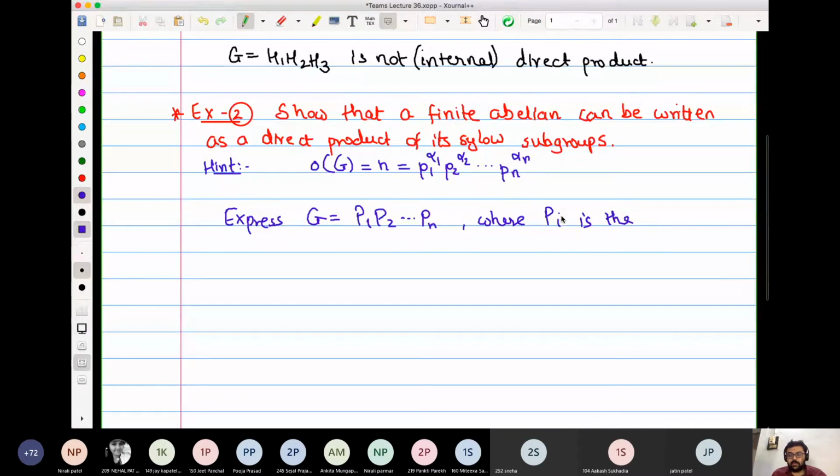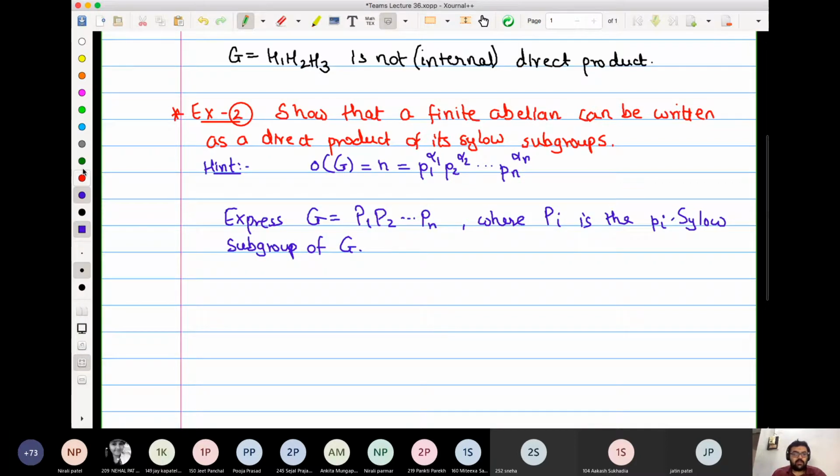Yes, Pi is the Sylow subgroup generated by the ith prime. So it is the Pi Sylow subgroup of G. You can try with 2 primes, and then by induction you can extend it to this.